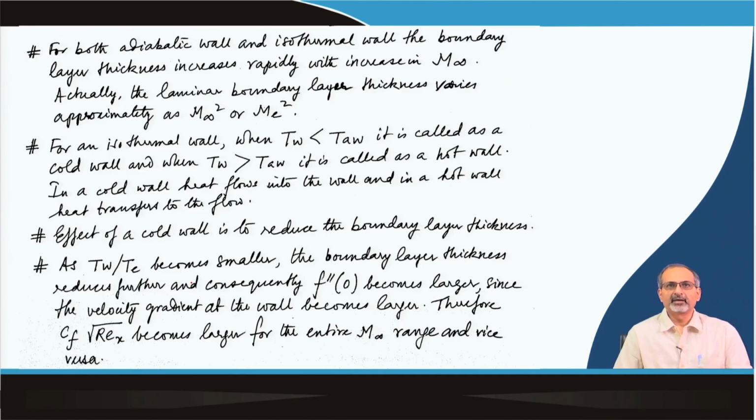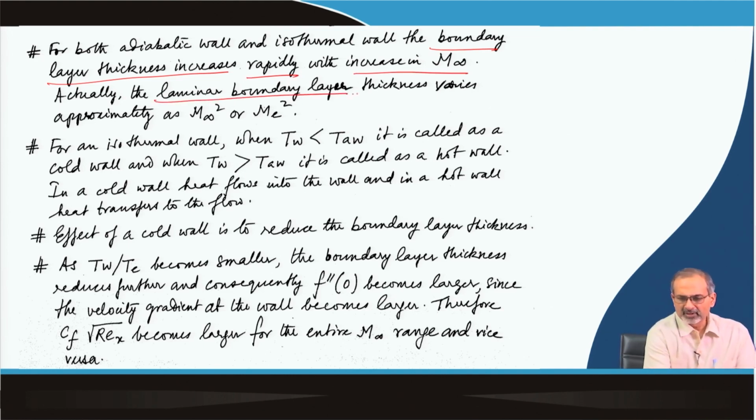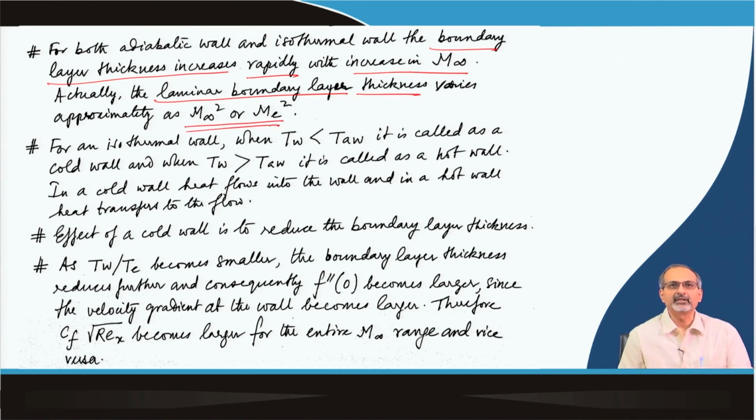So, for both adiabatic wall and isothermal wall, boundary layer thickness increases rapidly with increase in Mach number, and the laminar boundary layer thickness actually varies as M infinity square or M e square, whichever way you call it, and therefore, there is a rapid rise with increase in Mach number.